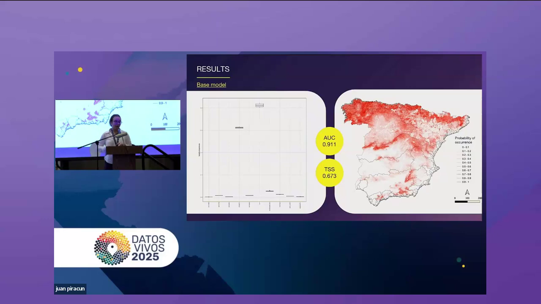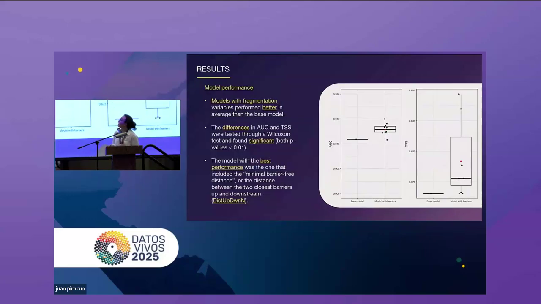And the variables that were most important in driving the distribution of the brown trout were, I don't know if you see it very well, precipitation, which is the most important variable, the mean temperature, and the mean daily flow.